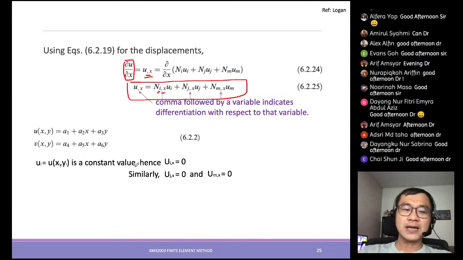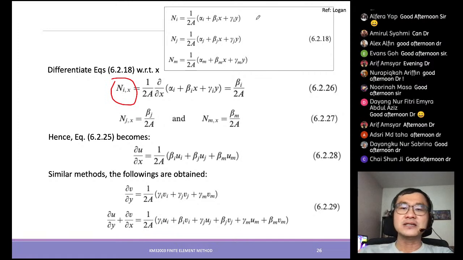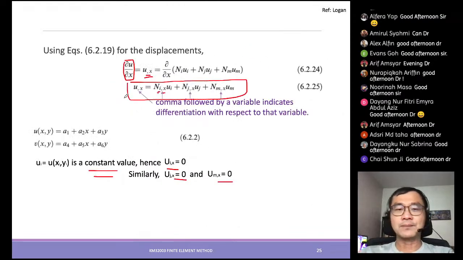Some parts of it may equal 0, since they are constant. If you differentiate the shape functions again, because the shape function is given as in our previous derivations, the shape functions have to be differentiated with respect to x.